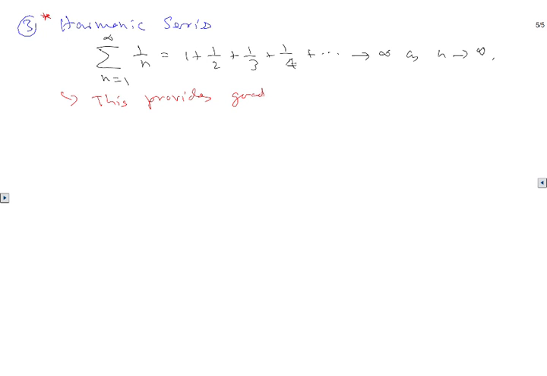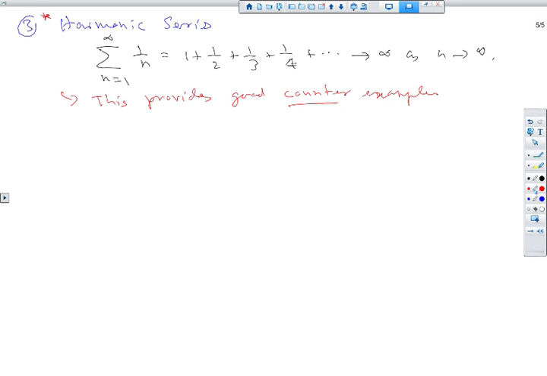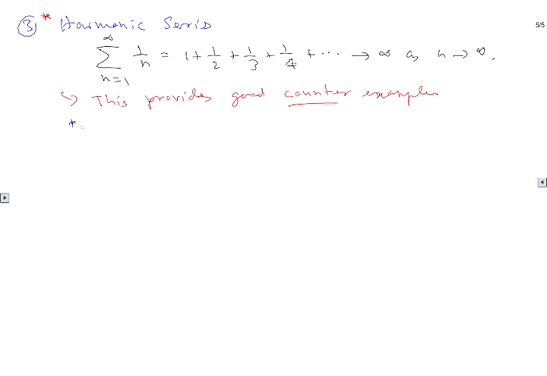Good. So one important thing is this provides good counterexamples, and this is one very good one. For example, if a n equals 1 over n, this goes to 0, but the corresponding series, sigma 1 over n, diverges.